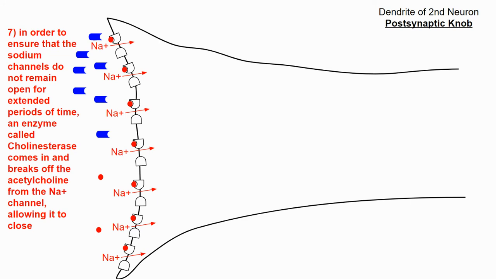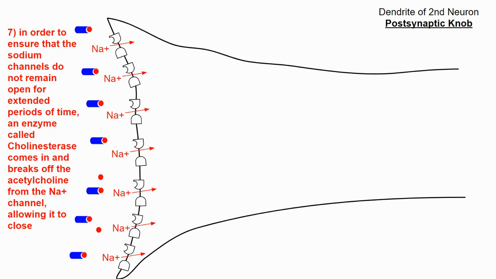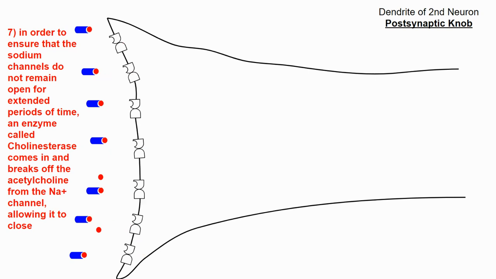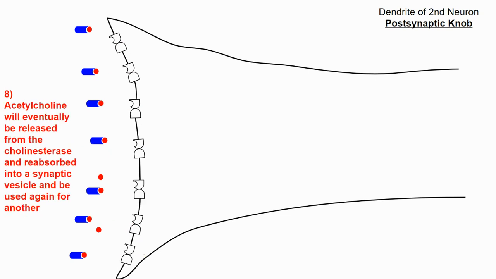So it comes in and it breaks off acetylcholine from the sodium channels, and it allows the sodium channels to close. So in comes cholinesterase, removes acetylcholine, channels close. Acetylcholine is then eventually released from cholinesterase, because not all enzymes break apart their substrate.